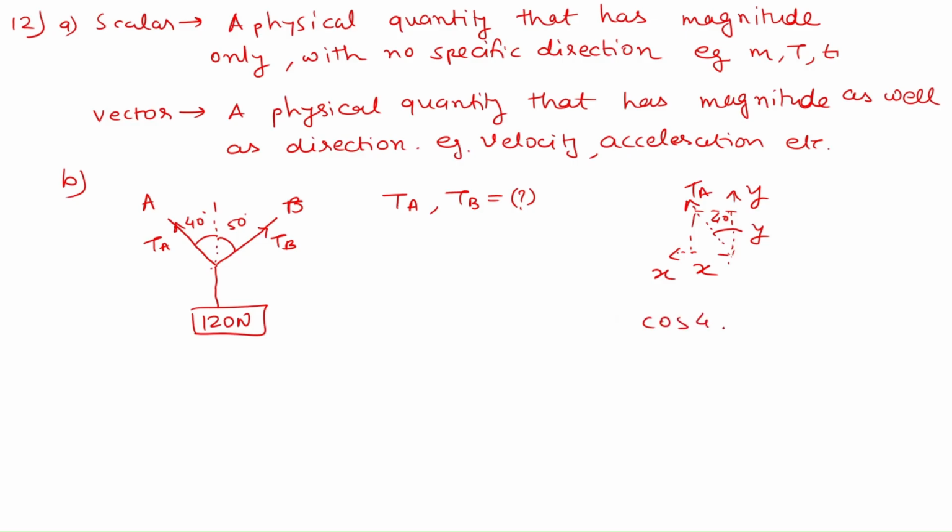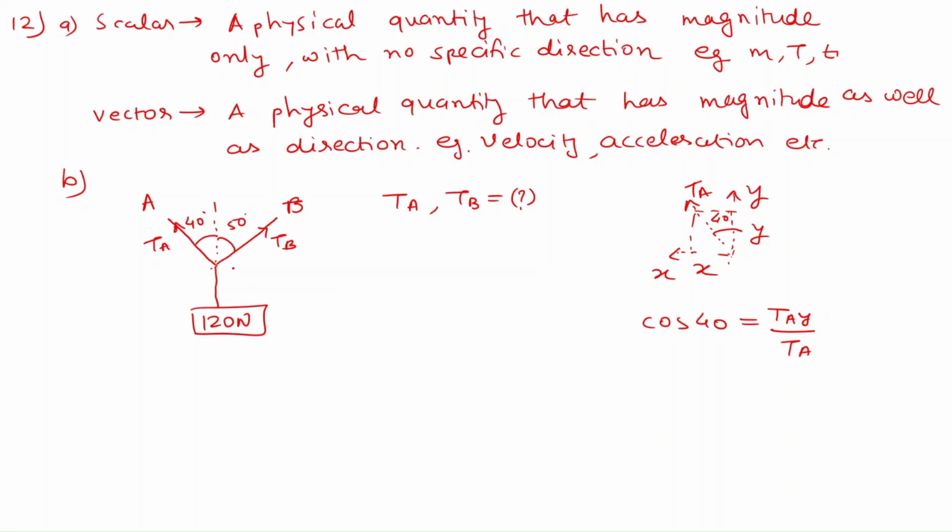Cos 40 means the Y component, let's suppose TAY upon TA. Now we don't know TA or TAY, so try some other approach to solve this question.